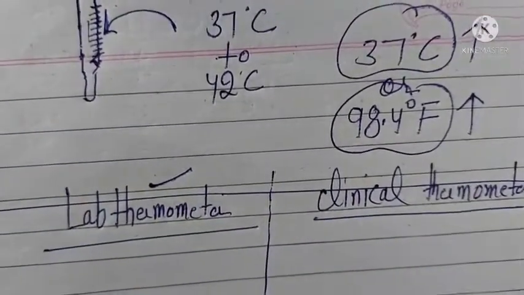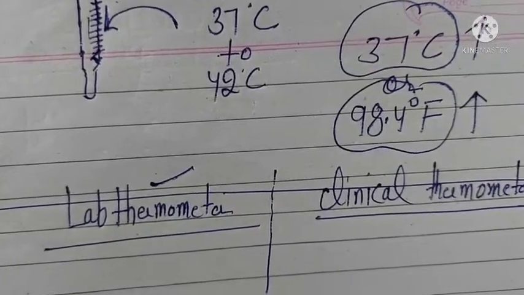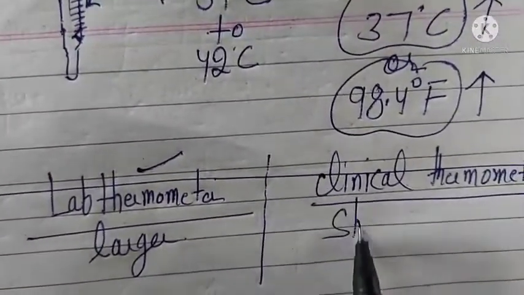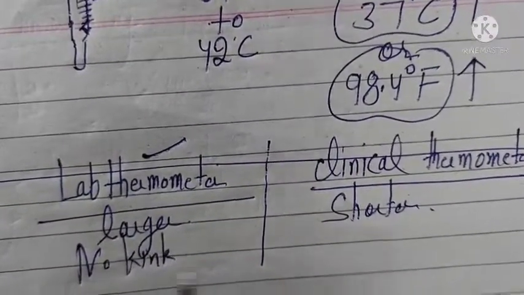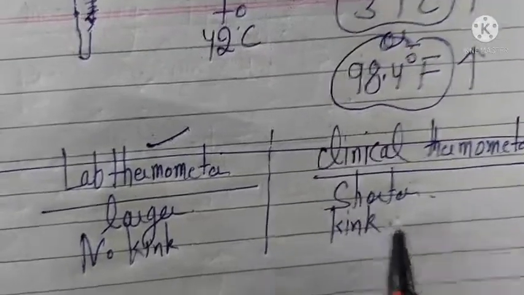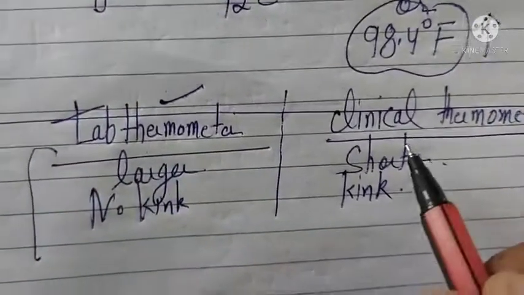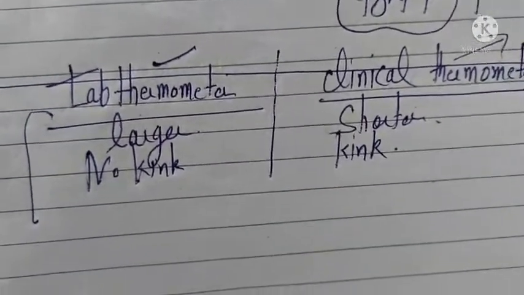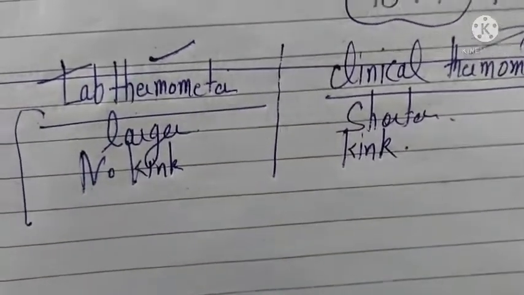Then we discussed that there are two thermometers, laboratory and clinical. One is larger in length, the other is shorter in length. No kink in one and a kink is present here. When measuring the temperature, the laboratory thermometer should be inside the liquid. The clinical thermometer may or may not have contact with the object whose temperature is to be measured.